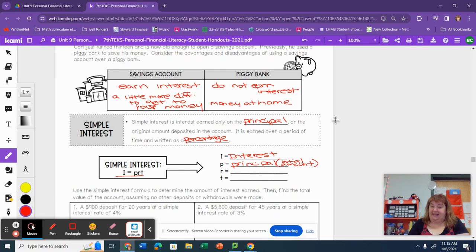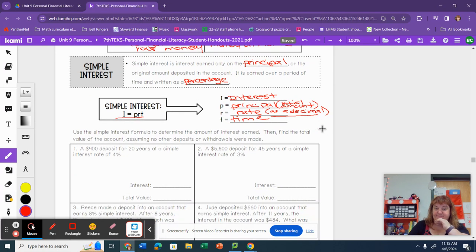R is the rate. And that's the percent rate. But remember, it needs to be as a decimal because we do not think of percent as a number. Percent is not the number. Percent is a part of a whole. Okay, so you need to think of it as the decimal. And T is the time. How long is it sitting in there?